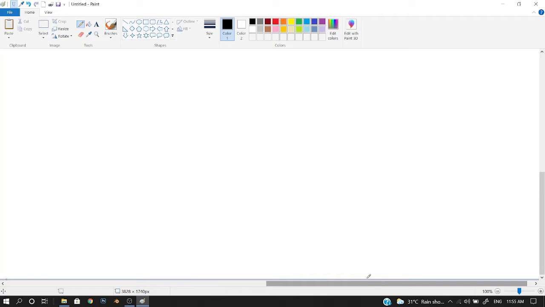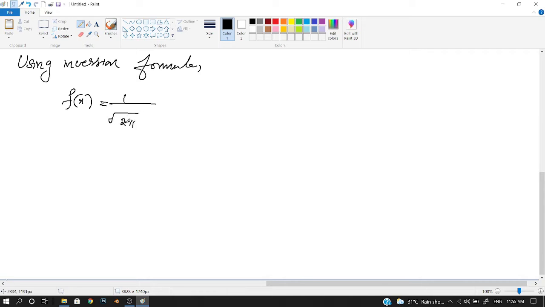Now here we can apply the inversion formula. What is f of x? f of x is equal to 1 by root 2 pi, integral from minus infinity to infinity, f of s into e raised to minus isx ds.